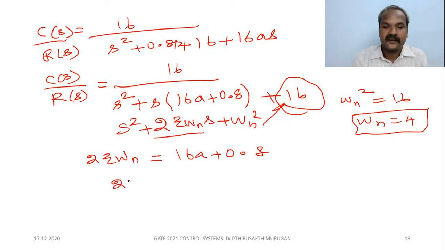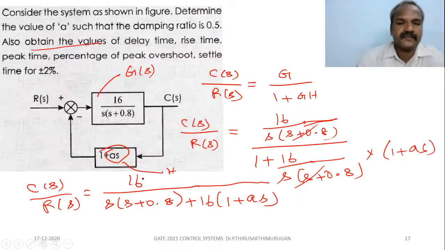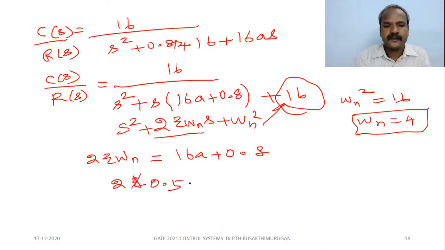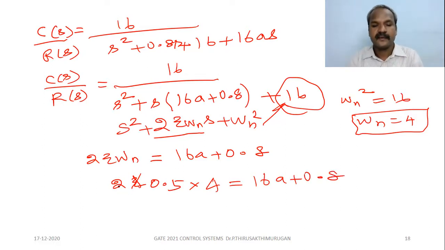What do you get? 2 into zeta. The zeta value is given: the damping ratio is 0.5. So 2 into 0.5 into omega n, which is 4, equal to 16a plus 0.8. 2 into 4 is 8, 8 into 0.5 is 4.